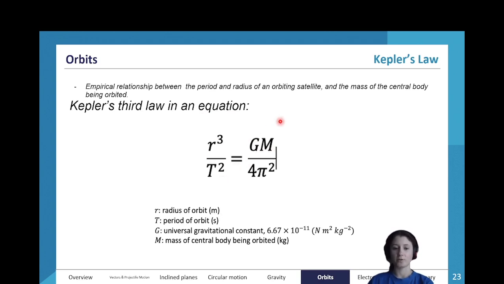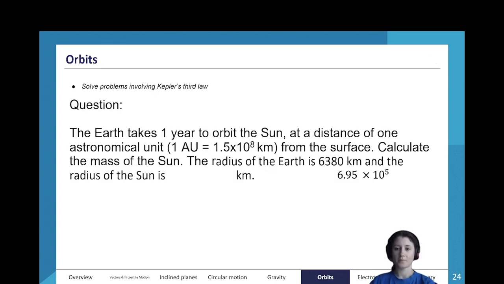As you might notice, this right-hand side is completely constant. G is a constant, M depends on the mass but it's not changing, and 4 pi squared is constant. So it tells us that the radius and the period will have a constant ratio depending on the mass. Alright? So let's go over a question here.